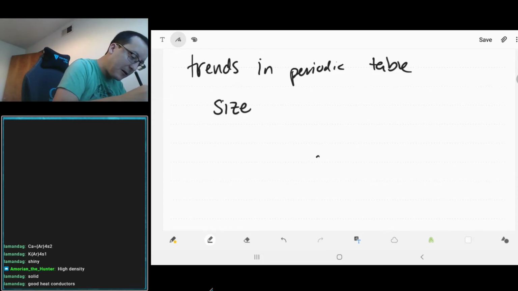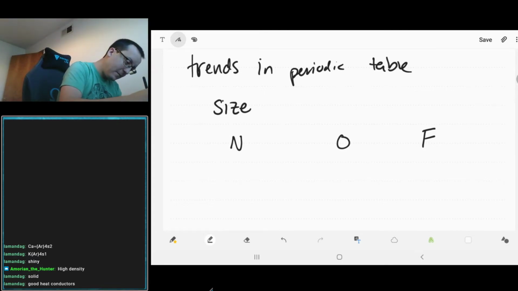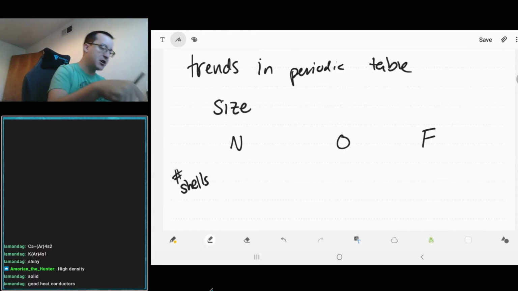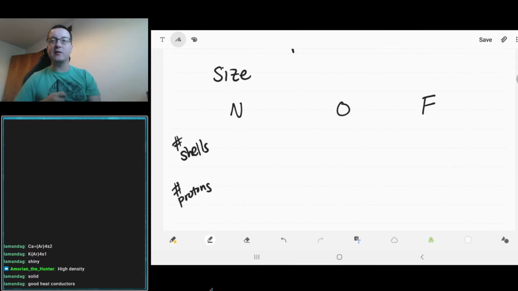Let's compare nitrogen, oxygen, and fluorine. Let's see how many shells these have and how many protons these guys have. Let's just start with those two.